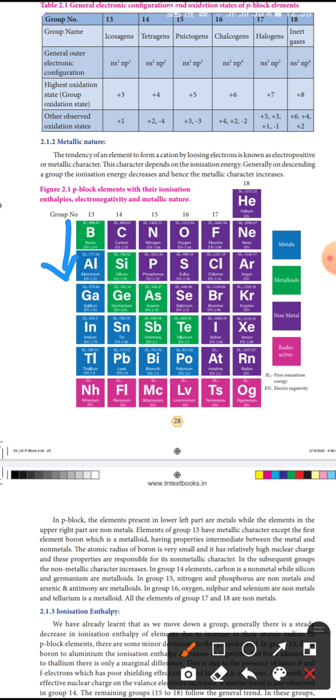From aluminum to thallium, there is only a marginal difference, very little deviation.